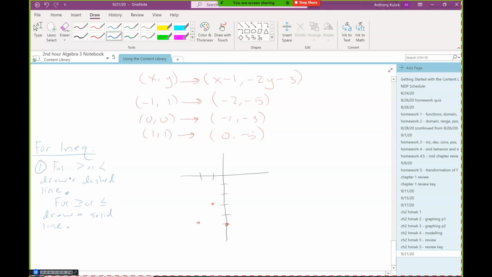So the first thing is for a greater than or a less than, we're going to draw a dashed line. And for a greater than or equal to, or a less than or equal to, we're going to draw a solid line. Now our problem was a strict greater than, so for this problem we need to draw a dashed line.